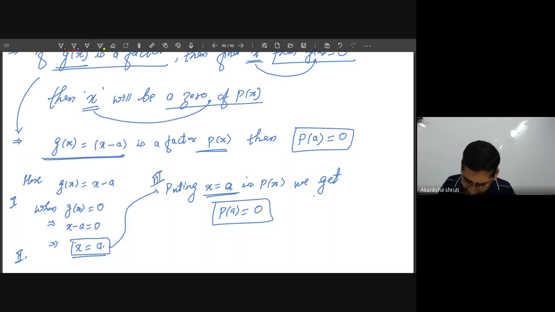This will be our third step. So these are the three steps that we have to follow. Okay, student? So if on substituting x equals a we get the value p(a) as 0, then only x minus a is a factor.